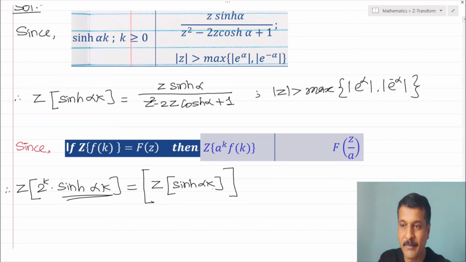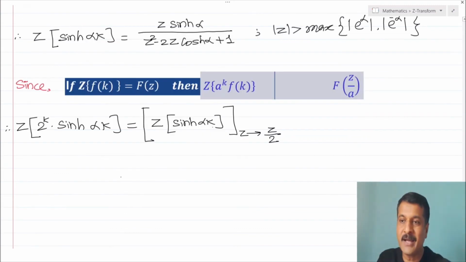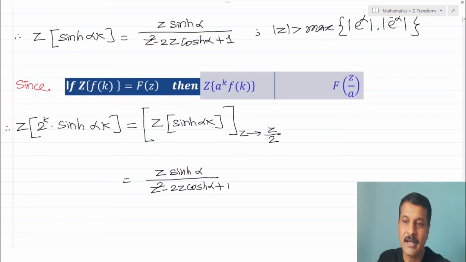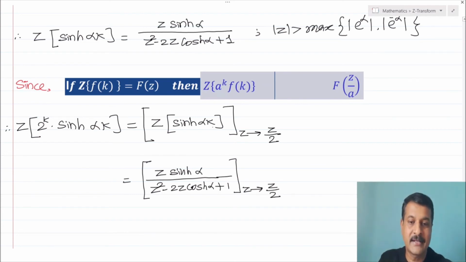This is our f of k, and in this case every z is replaced by z by 2, and that is why I am getting z into hyperbolic sine alpha upon z square minus 2z hyperbolic cos alpha plus 1, with every z replaced by z by 2.